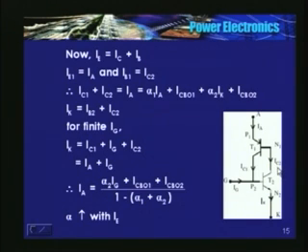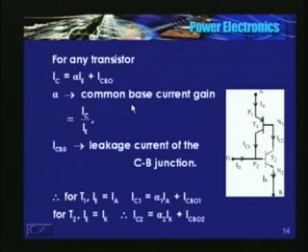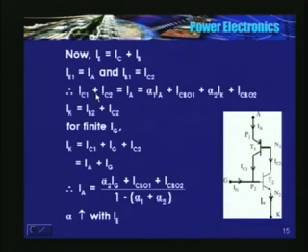I showed you in the beginning that the base of T1 and the collector of T2 are tied together. So I will add up those two equations. What do I get? IC1 plus IC2 is equal to alpha 1 into IA plus alpha 2 into IK plus ICBO1 plus ICBO2.